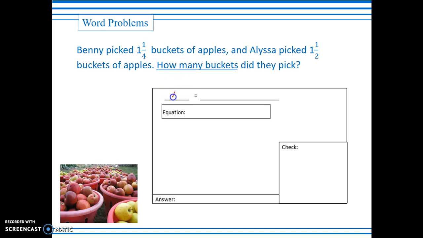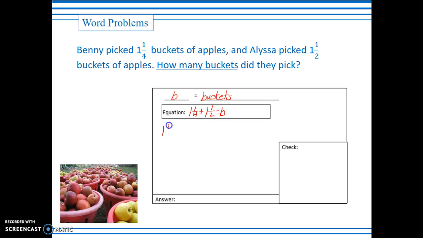So first let's let a variable equal our buckets of apples. So I'm going to let B equal buckets. Then let's create our equation. We said Benny had 1 1/4 buckets, and Alyssa had 1 1/2 buckets, and that's going to equal our total buckets.